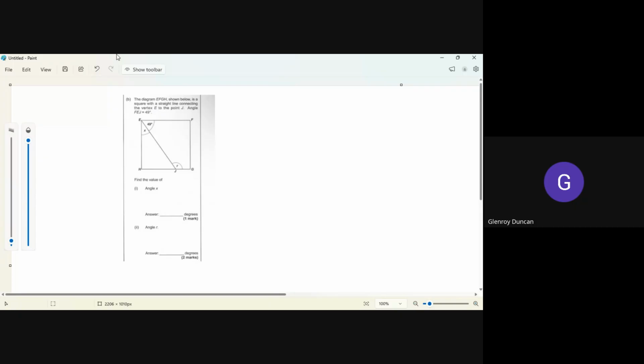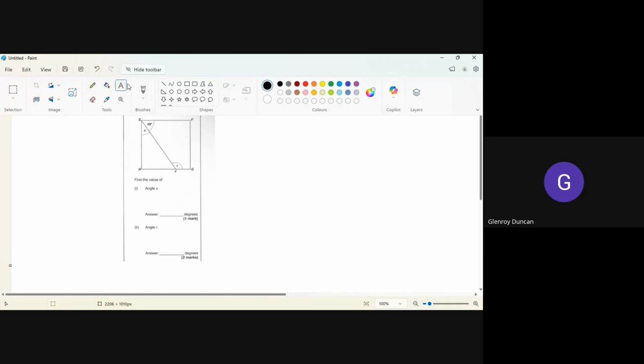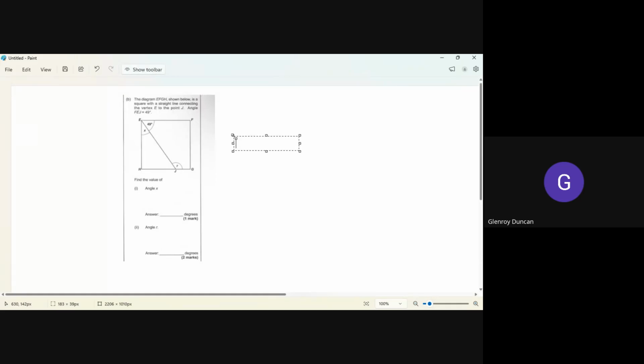No, let me just allow the class to digest what you just mentioned. Class, what she is saying to us is that a square is equal to 360 degrees. The reason why that is 360, class, is because a square is actually a quadrilateral.